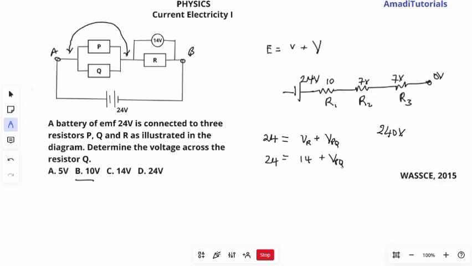If you make that the subject, V of PQ equals 24 minus 14, which gives us 10. So the voltage drop across the resistors PQ will be 10 volts. So Q on its own is also seeing this 10 volts. Okay, that is that.